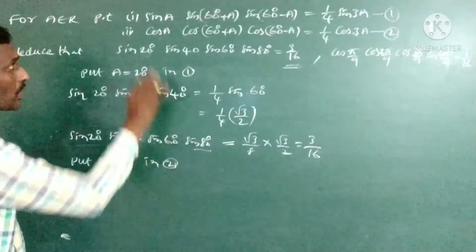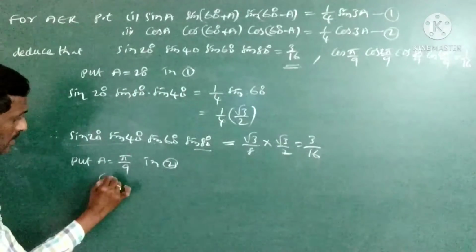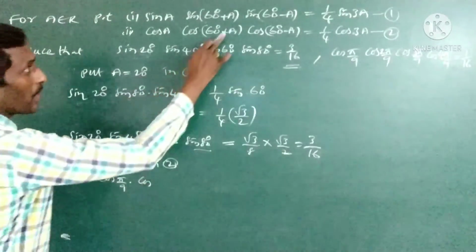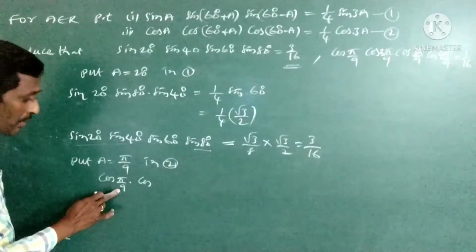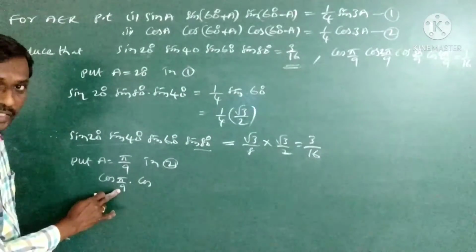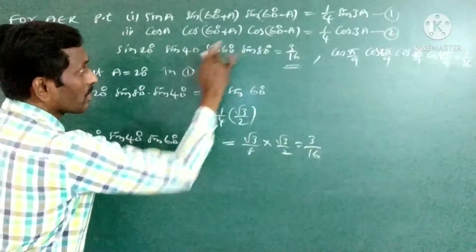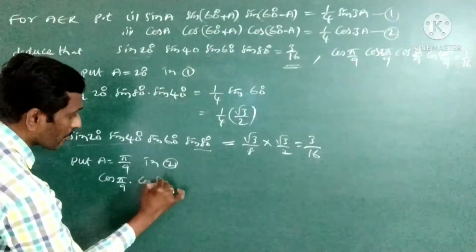Now it becomes cos pi by 9 into cos of, how much? Pi by 9 is 20 degrees, 180 by 9, 20 degrees. 60 plus 20, 80 degrees, cos 80.